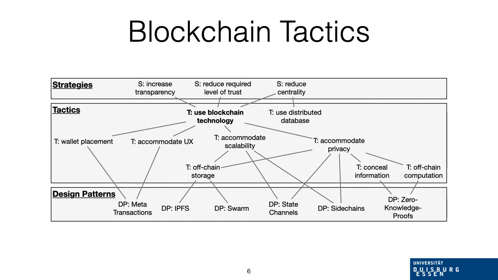For example, we want to support the strategy increased transparency, then you can follow the tactic, use blockchain. Then you need to consider the possible impact on privacy by using the sub-tactic accommodate privacy. Then you can see the sub-tactics that support privacy, such as off-chain computation. And finally, which design patterns help to implement this. So this is the overview and how these strategies, tactics, and design patterns are related.